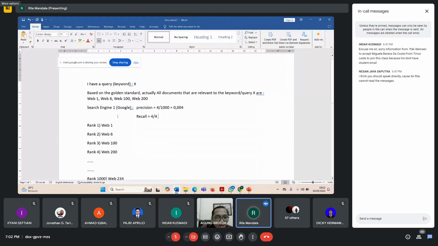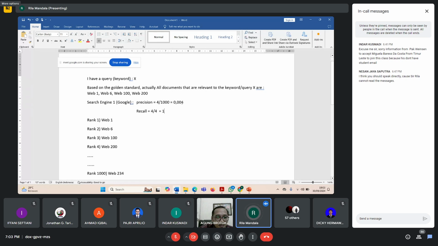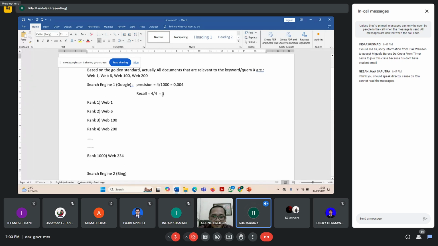So the true positive is 4, divided by all the actual relevant documents, which is 4. 4 divided by 4 is 1. Understand? The precision is 0.004 and recall is 1. Anybody not understand?